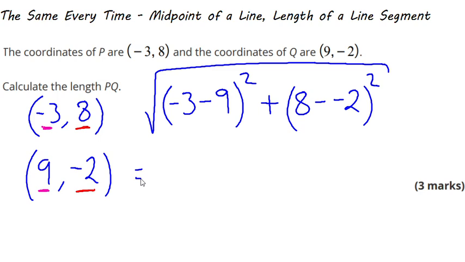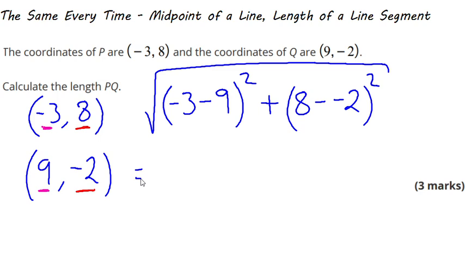If I do it and you do it, and then we compare answers, if we've both got the same answer, then we must both be doing it right. So I've pressed the square root button, then bracket, then -3, take away 9. On your calculator, of course, the button to make something into a negative number is a different button than the subtract button. It's the button up there with the functions.